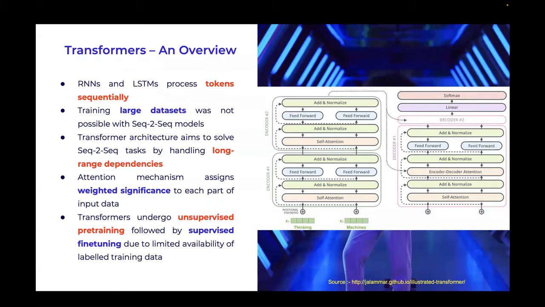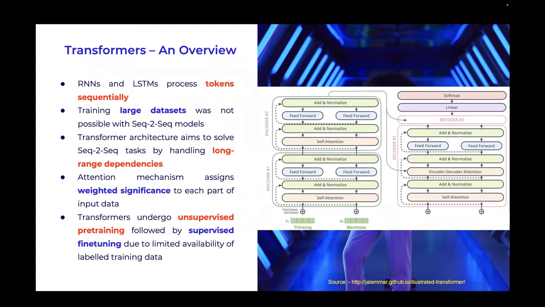Yeah, so coming to the transformer, just a high-level overview. So before transformers were introduced, the recurrent neural networks and LSTMs were in place. And we know that the tokens were processed sequentially using RNNs and LSTMs. As you would remember, the timestamps that we were using in RNNs and LSTMs.